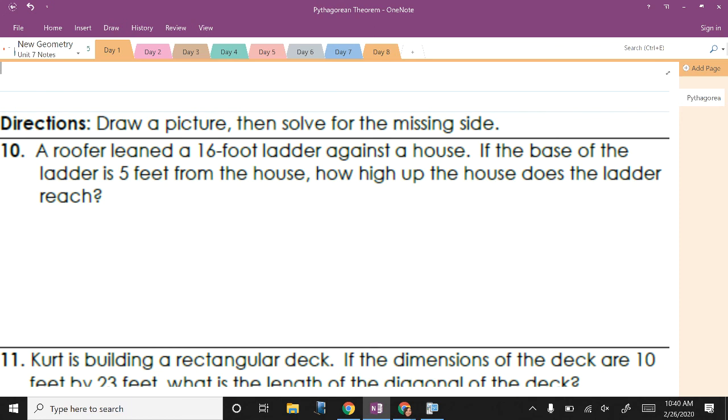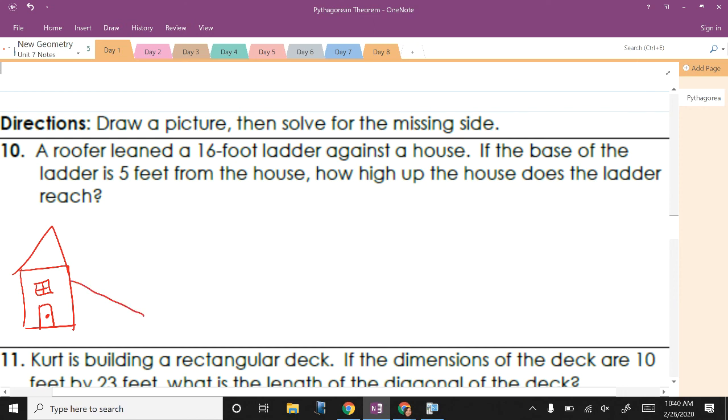Just kidding. A roofer leaned a 16-foot ladder against a house. Okay, I got a house. Here's my house. There's my house. Okay? He leaned a 16-foot ladder against the house.